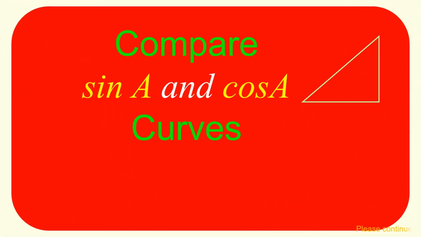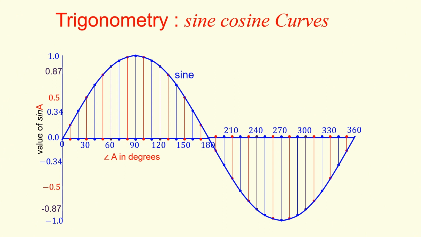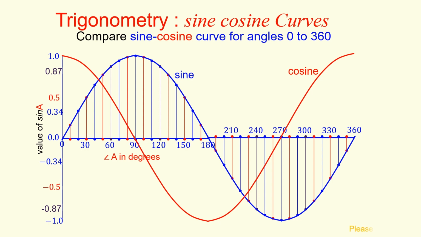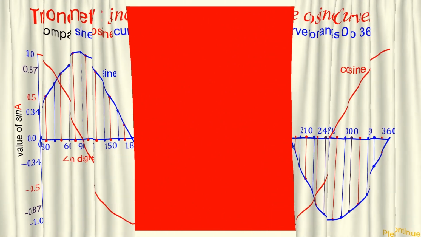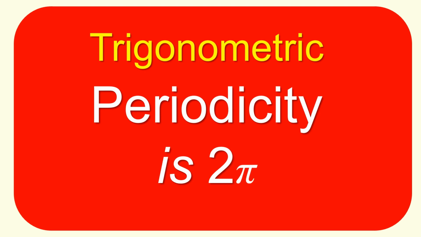Compare sine A and cosine A curves. Trigonometric periodicity is 2 pi.